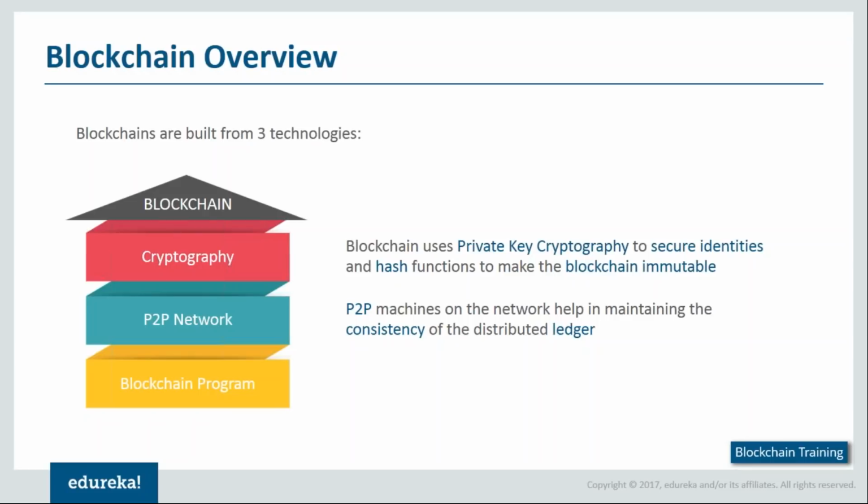And even if you want to make the modification permanent, you need to have at least 51% of the resource that is part of the blockchain system. To make it simpler, if you want to modify any data present in the blockchain, you need more than 51% of the global resource associated with the blockchain. And as I mentioned, blockchain is distributed throughout the world and involves millions of people.